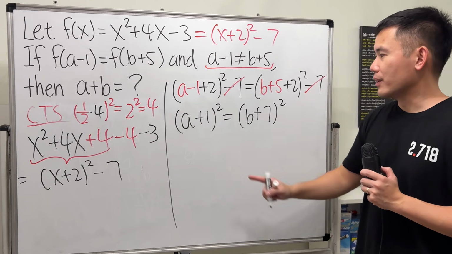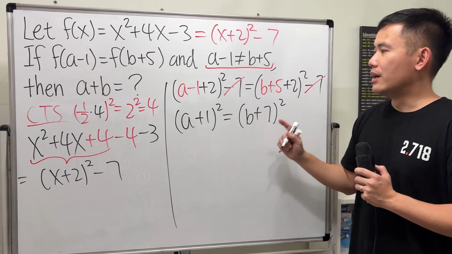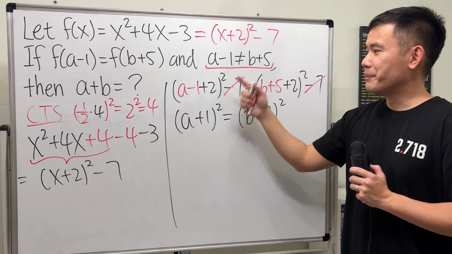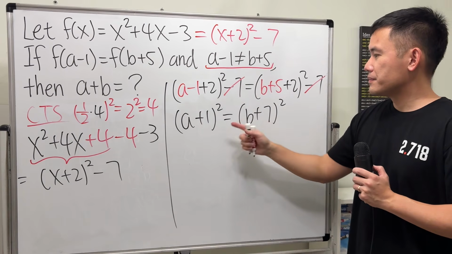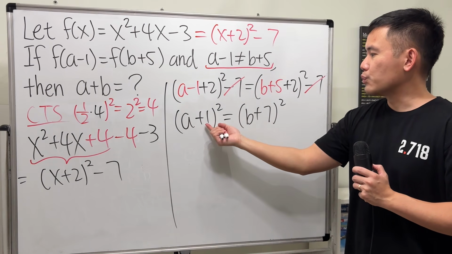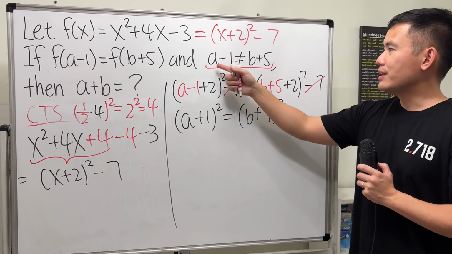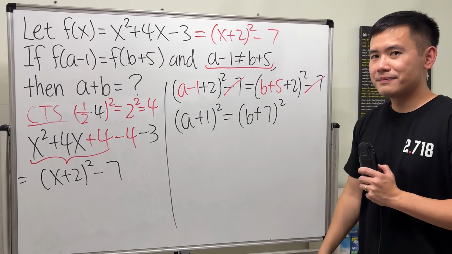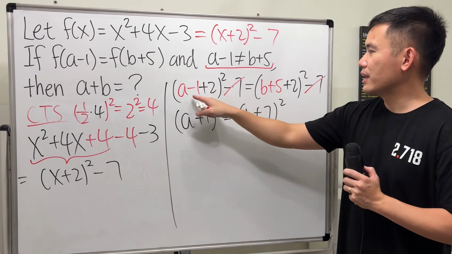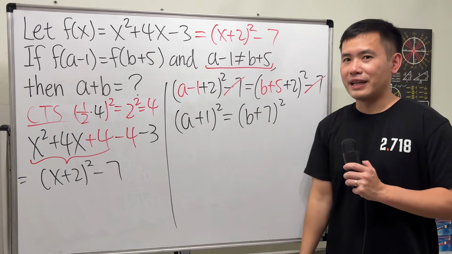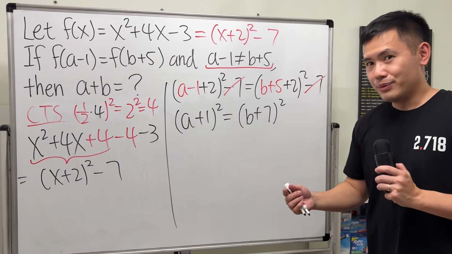Now, be really careful though. Do not just cancel out the square, because if you do that, you actually violate this right here. If you just cancel out the square, you get a plus 1 is equal to b plus 7. If you cancel the square, you get this is equal to that. Subtract 2 from both sides, and you really violate that. So what do we do?